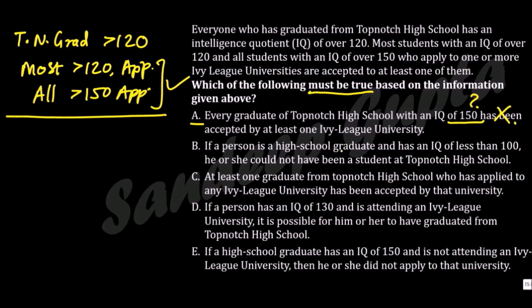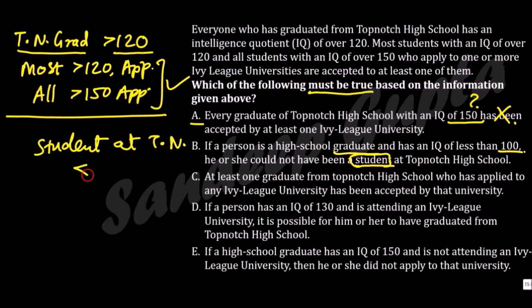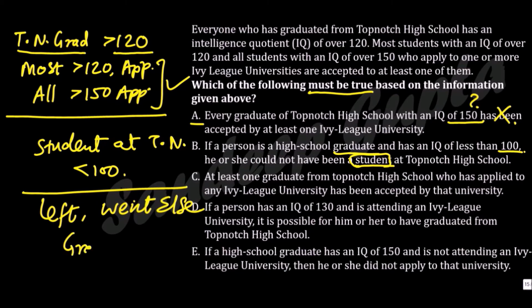If there is a high school graduate whose IQ is less than 100, he or she could not have been a student at top notch. See how smartly they changed the wording. So let's see exactly how to approach this. Suppose earlier there was a student at top notch whose IQ was less than 100. And after studying for some time at top notch, this student left the school, went somewhere else, and graduated from some other place.